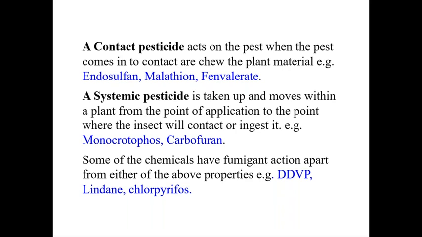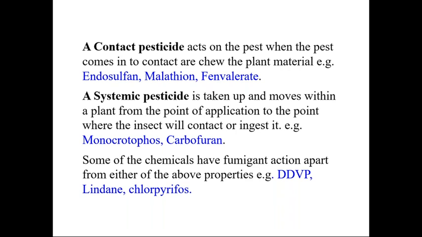The second type of pesticide is a systemic pesticide. That is a pesticide which has to be taken up by the plant through the root. It has to move through the circulatory system of the plant, and when it reaches different parts of the plant, the insect sits on it and eats it.